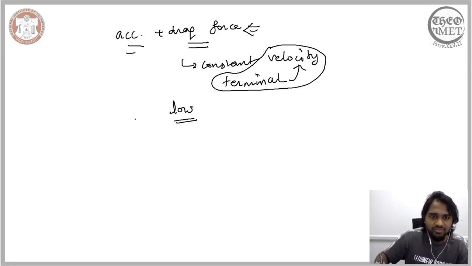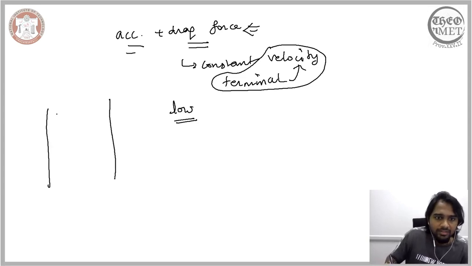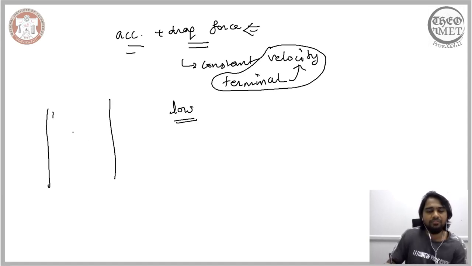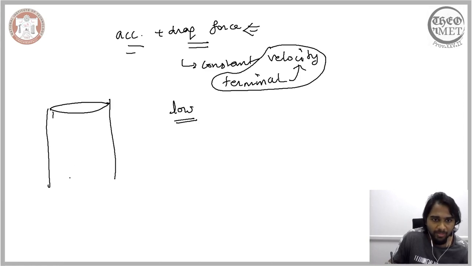Let us assume a similar barrel, and instead of having air, you have a specific medium. So instead of placing this barrel in a vacuum, we have this barrel filled with a specific fluid, and you allow a particle to fall through, and this particle assumes a terminal velocity that is relatively low.